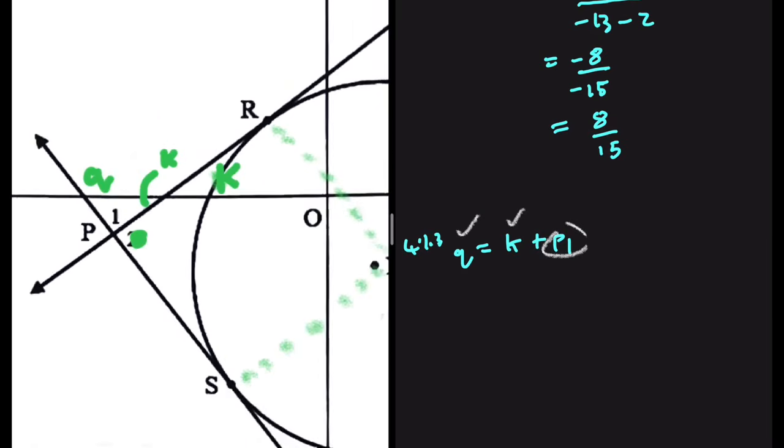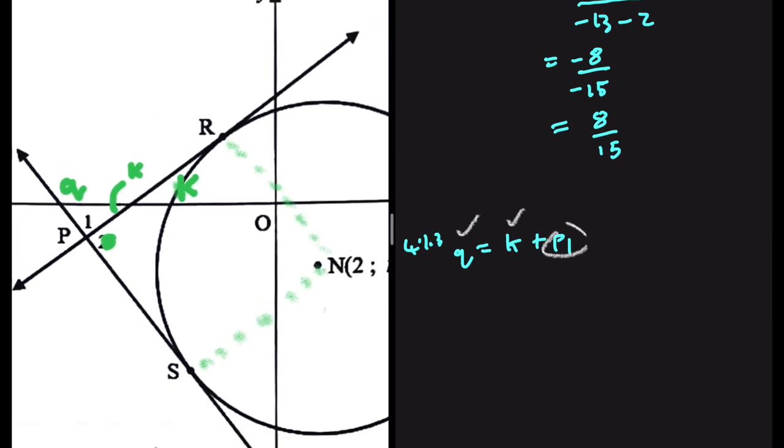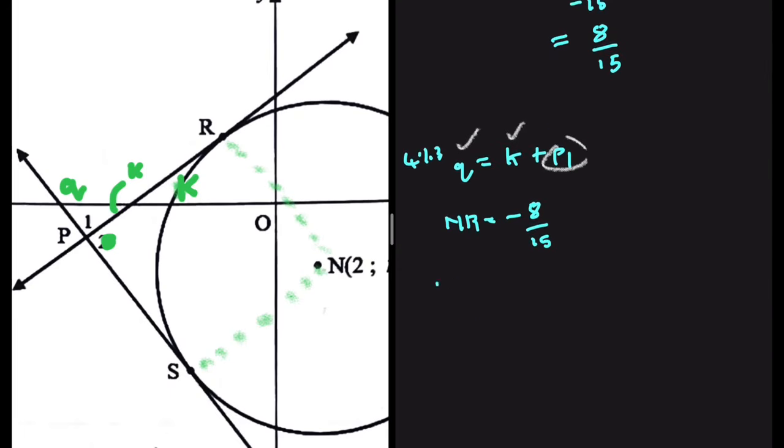Let's see how we can find the size of angle K. We know fully well that the gradient of NR, what is the gradient of NR again? It is minus 8 divided by 15. We want to use it to find the gradient of PR. So the gradient of PR multiplied by the gradient of NR should give you minus 1.